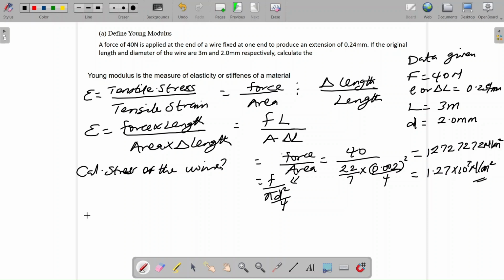So we are told to calculate stress, strain as well. Strain is change in length, extension over length, and your extension is 0.24 mm, so you convert it to meter. That is 0.24 divided by 1000, which is 0.00024, divided by your length, which is 3 meter.